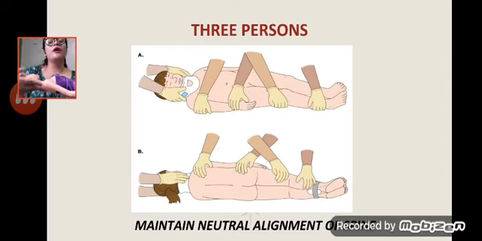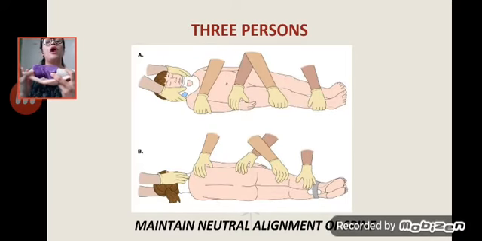Now what about the other persons? Of course, the other persons will be handling the shoulder and the thigh part. Then the other one will be holding the hips and, of course, the leg part.